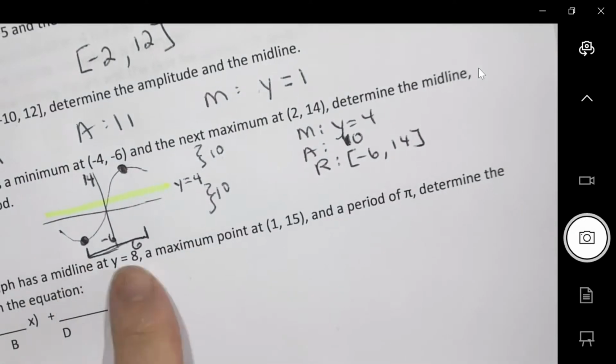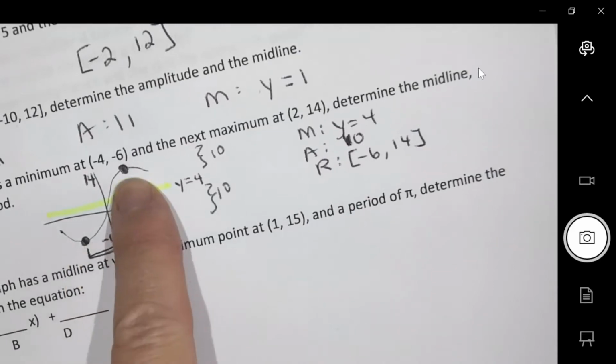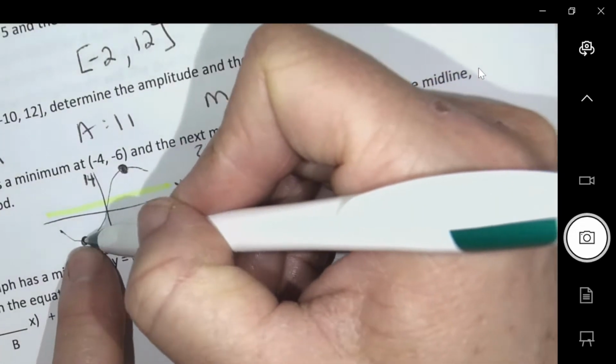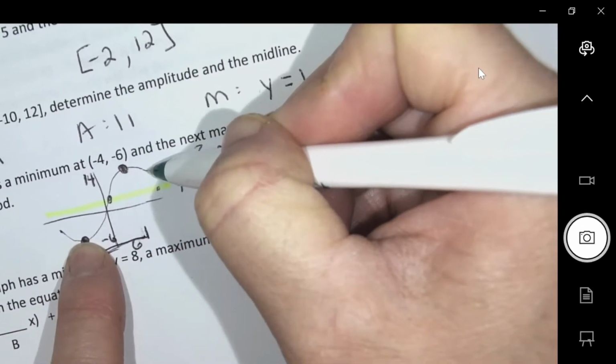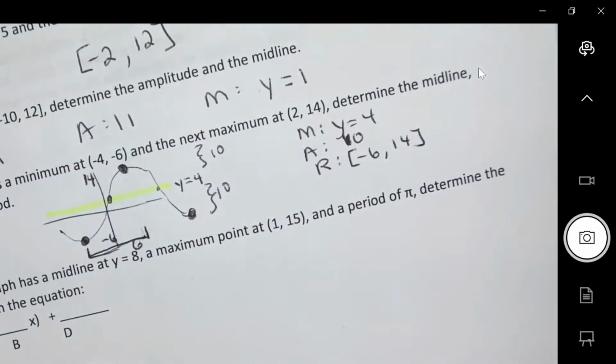Looking at this, is this considered a full cycle? No, that is not a cycle. Do you see? It only goes from a bottom to a top. So if I wanted to do a cycle, I'd have to do bottom, mid, top, mid, back to the bottom. This would be a cycle.